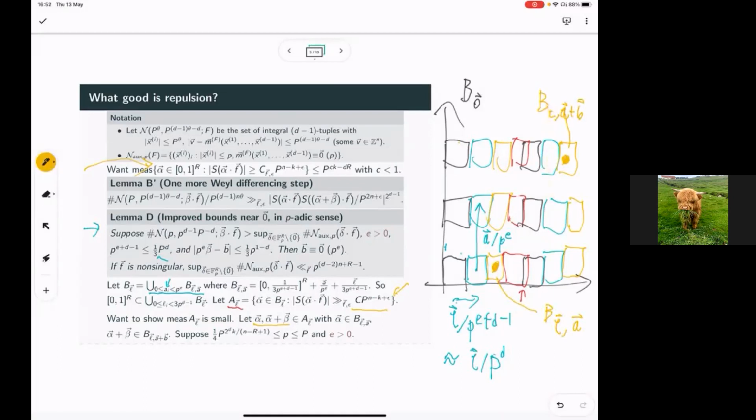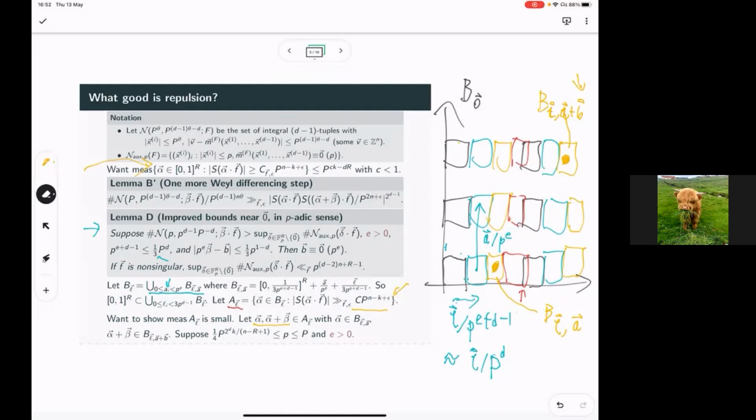So we have a displacement between these two boxes in the same colorful neighborhood. And what we want to do is show that this integer vector b is 0, so that these two yellow boxes containing a point where the exponential sum is large are actually the same box.